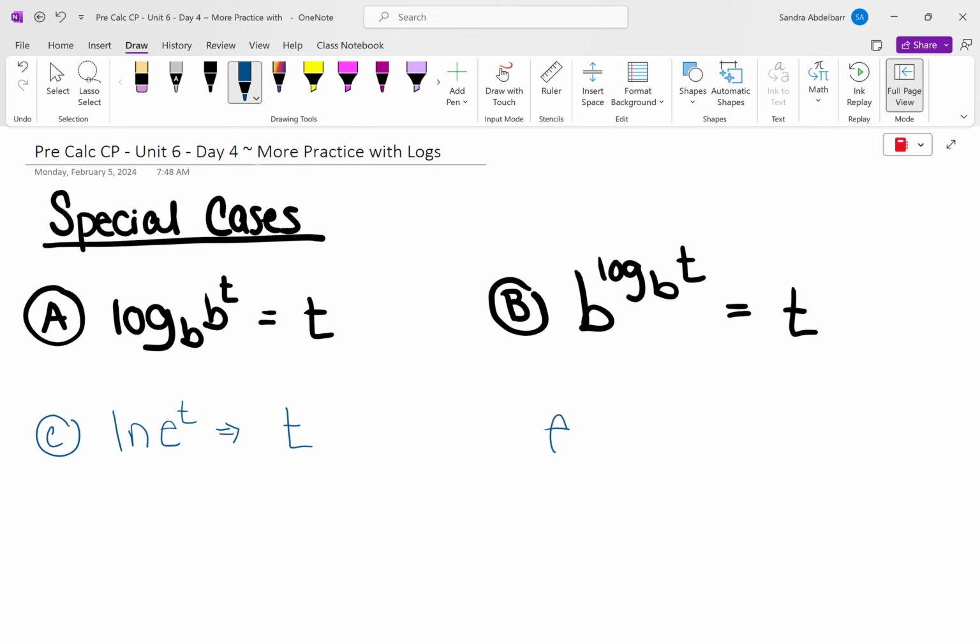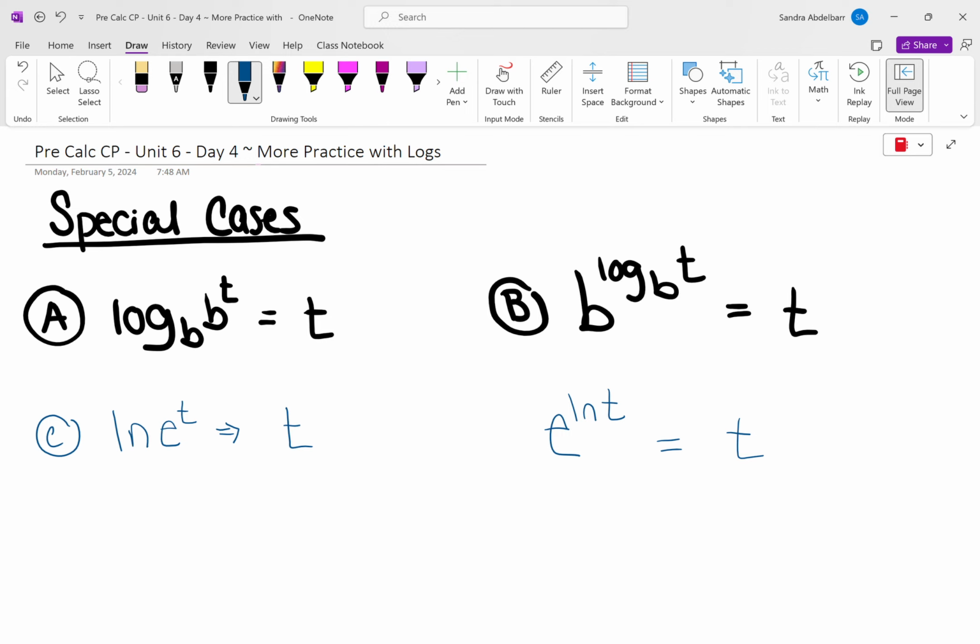And if I have e raised to the ln of t, that is also t. And now you guys recognize that these two rules are the same and these two rules are the same. I've just interchanged, instead of log base e, I'm writing ln. It is the same rule.